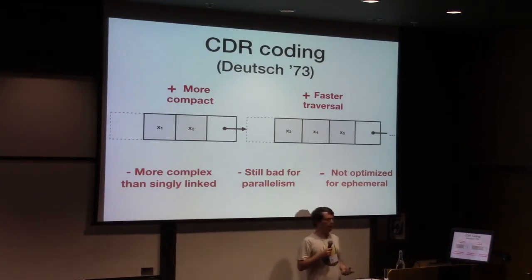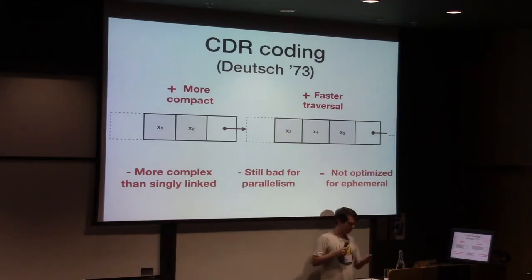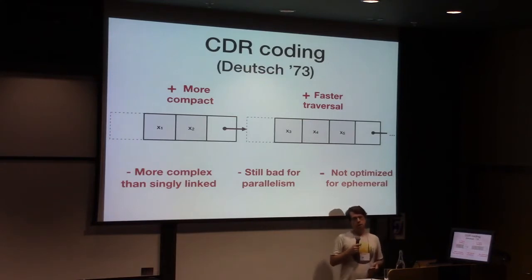So it gives you a more compact representation and faster traversal, but it's still more complex to implement than just linked lists. So you have this complexity, it's still bad for parallelism, and it doesn't automatically give you ephemeral access, which turns out to be useful for really fast, efficient access on the ends of the sequence.